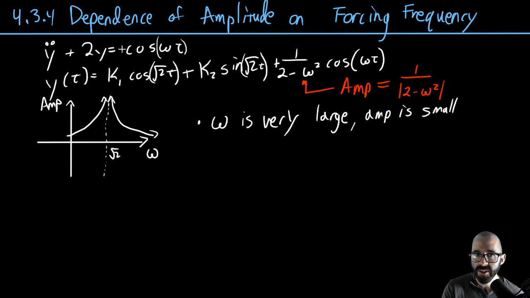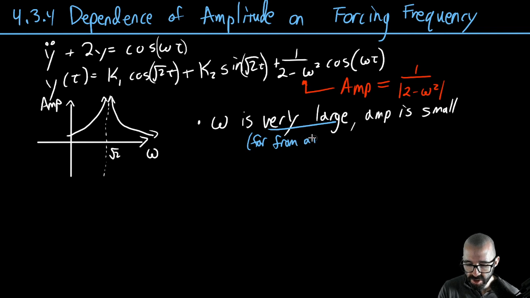We're not changing the size of the forcing function at all. We're just looking at how the frequency of that forcing function changes. And if the frequency is very far from the natural frequency, then the amplitude is very small. When I say very large, I mean far from the natural frequency.